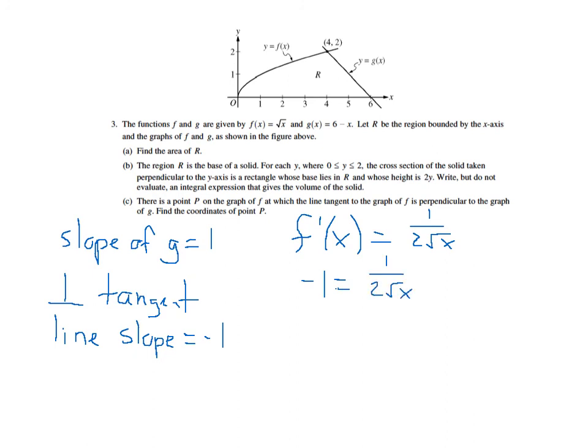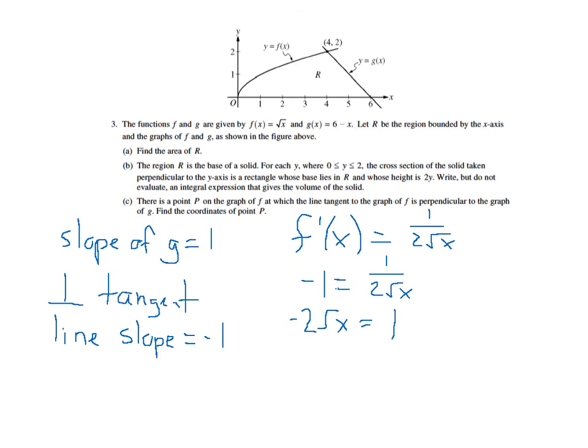I'm solving for x because I want to know where this point is. I want to know the coordinates. When I cross multiply here, we get -2 root x equals 1.